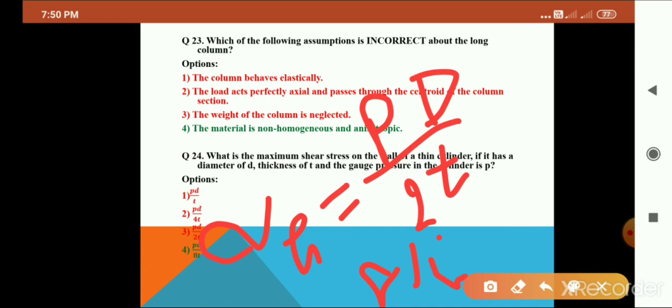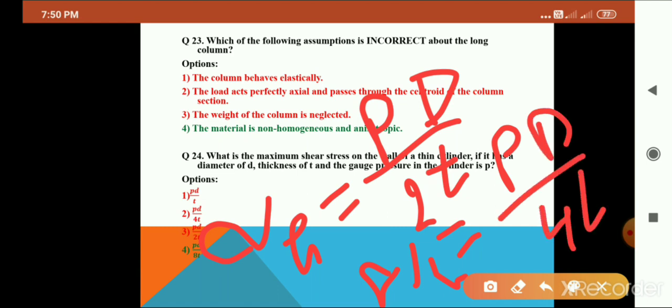Another one is longitudinal stress, which is PD by 4T. We consider the hoop stress as sigma 1 and the longitudinal stress as sigma 2.